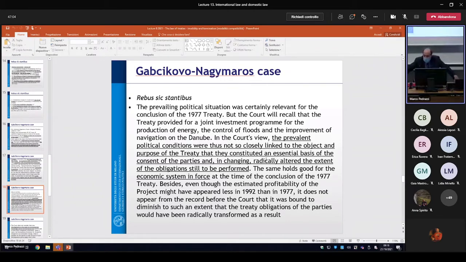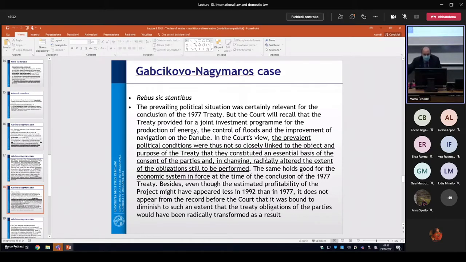We are talking about the treaty concerning the common exploitation of the waters of the Danube River. And therefore a treaty with an economic exploitation object, which could be compatible with a communist regime as well as with a liberal democratic regime.